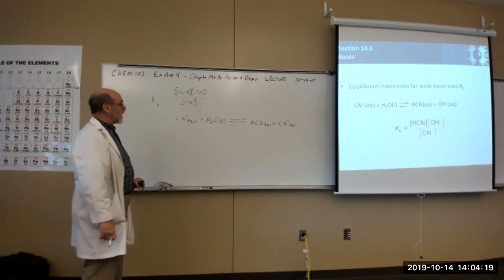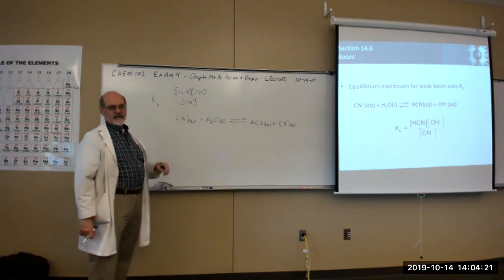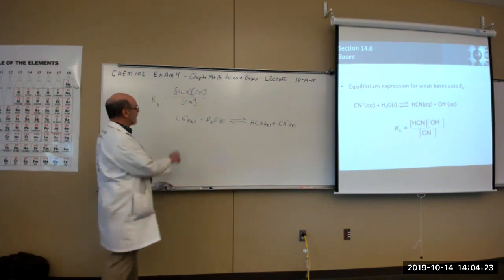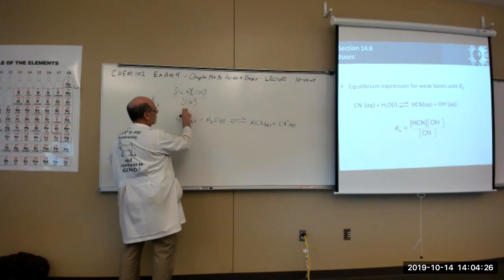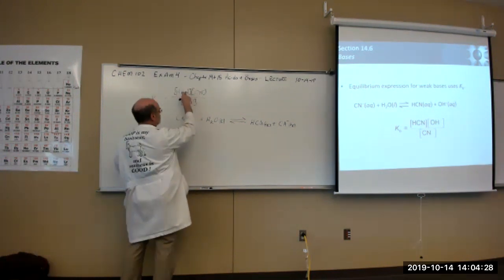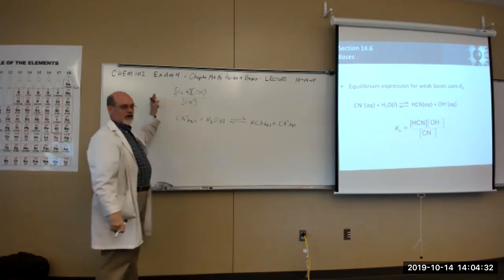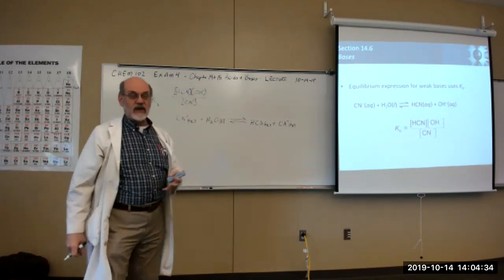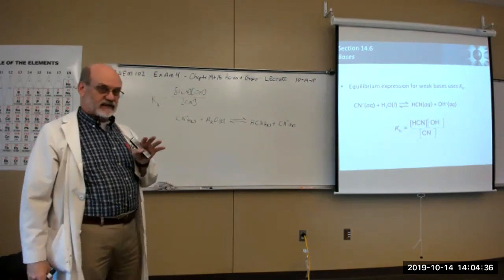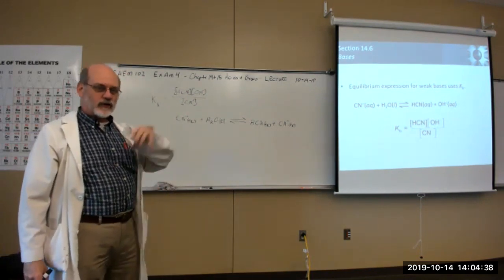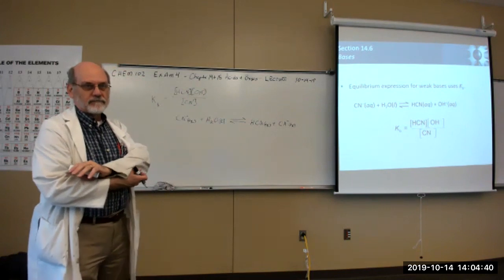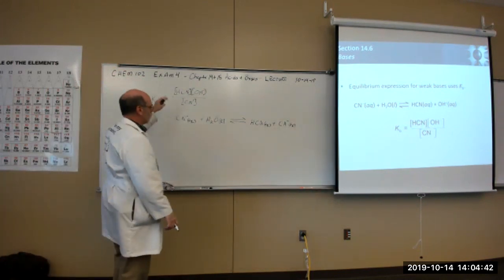Notice that it's not just flipping the Ka value, right? The Ka would be this one on the bottom and cyanide on the top with hydronium ions. So you don't just inverse one or the other. They are related, but they're related through their reaction with water, not by direct manipulation of the formula.